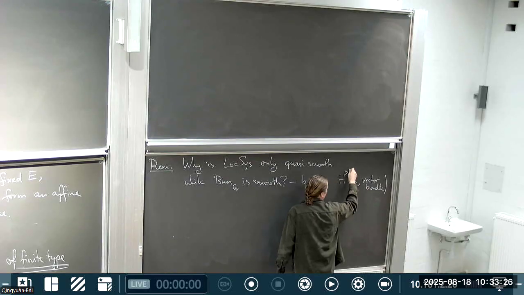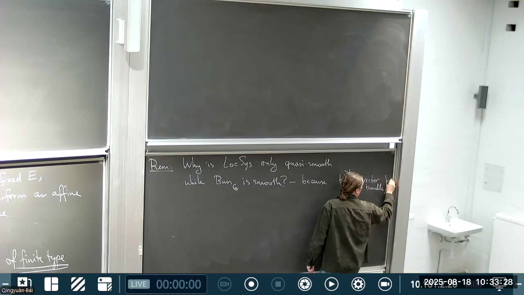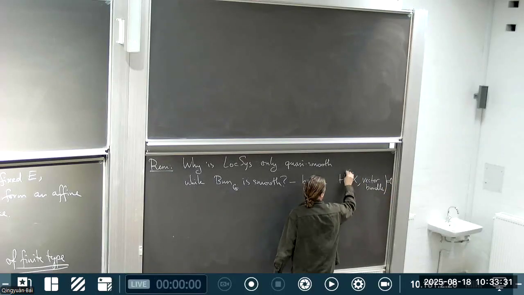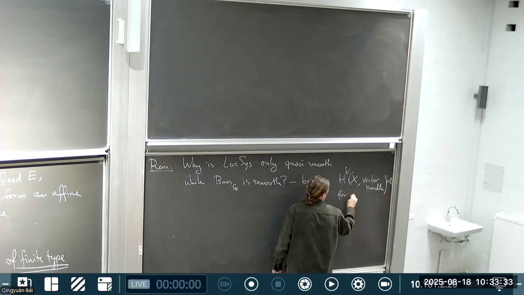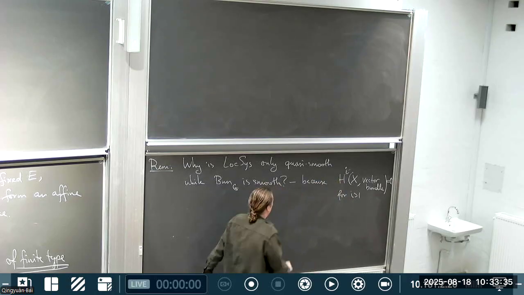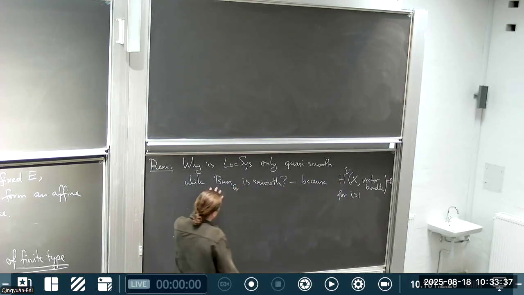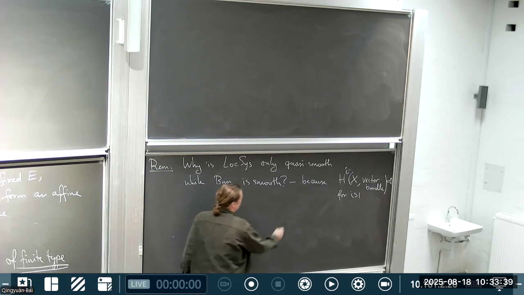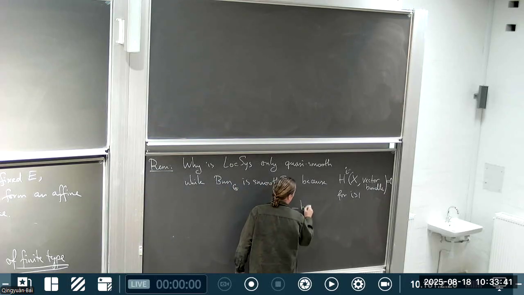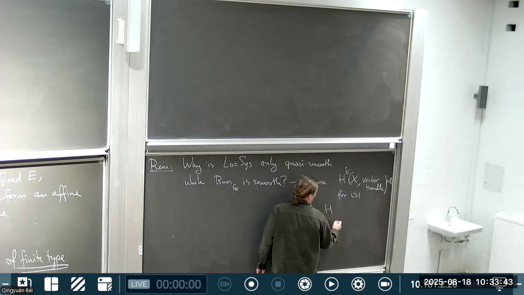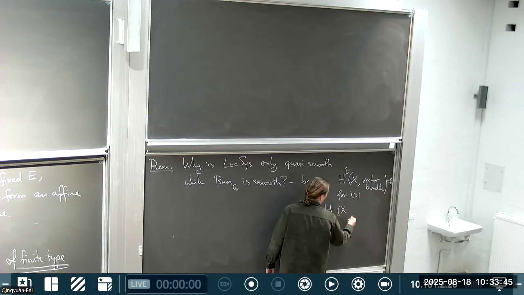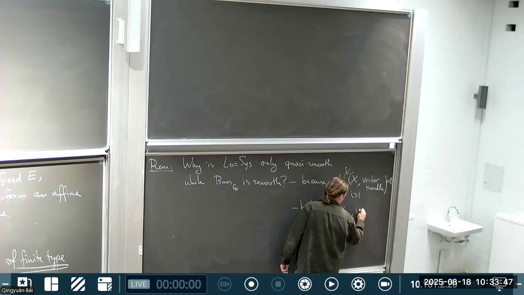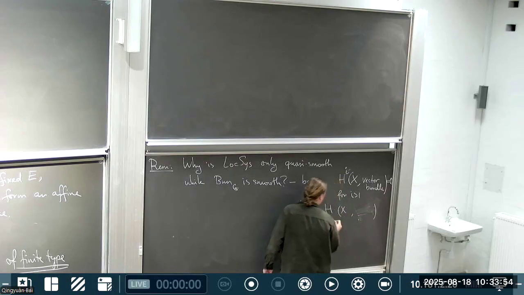So H^i is equal to 0 for i greater than 1. But when we work with local systems, the calculation of the tangent space will produce the de Rham cohomology.